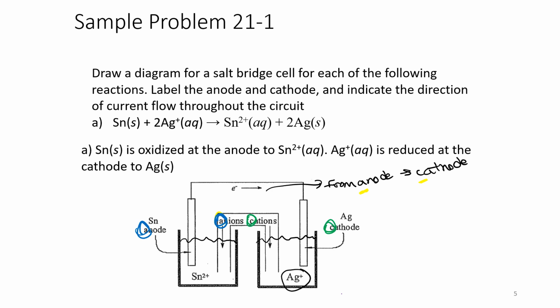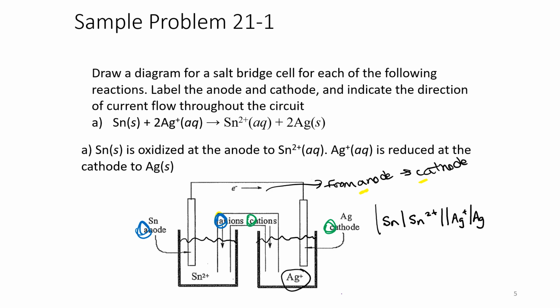Now that is drawing out this entire reaction to show the voltaic cell. But we're not going to draw a whole bunch of voltaic cells. We're just going to write out the shorthand cell notation. So this whole thing is really just represented by Sn | Sn2+ || Ag+ | Ag, like so.